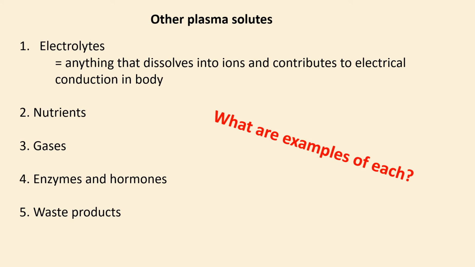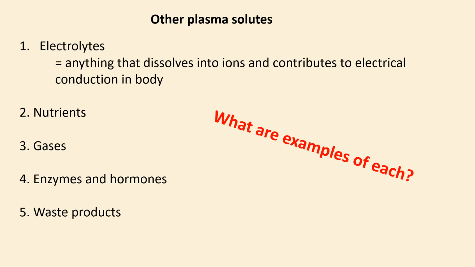Enzymes and hormones: enzymes such as renin, which will become more important for us in the urinary system when we talk about the regulation of blood pressure and blood volume. And then hormones, a great variety of signaling molecules travel in our blood. Perhaps the one that we've talked about most so far is epinephrine and norepinephrine released by the adrenal medulla.